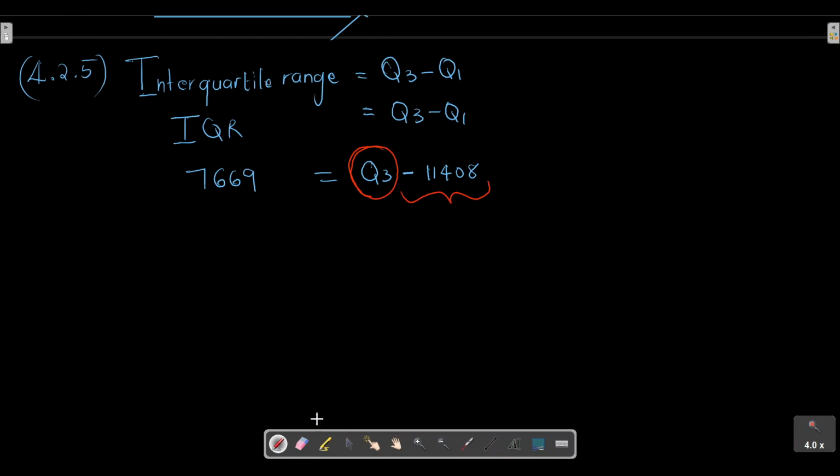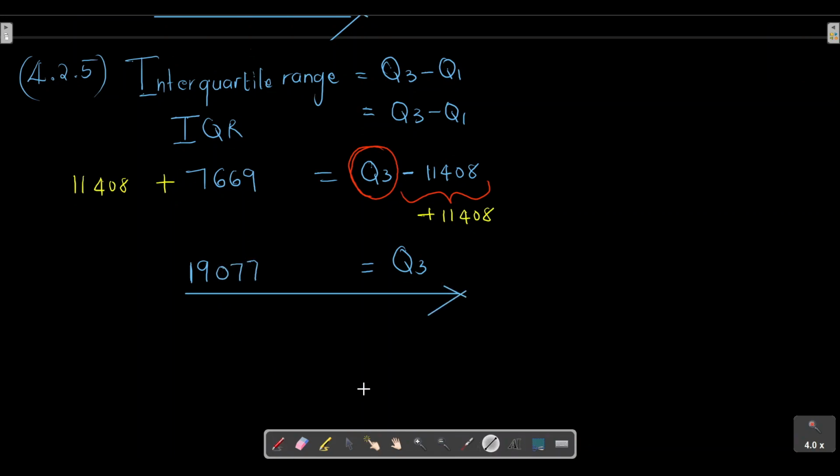We are going to add. We are going to plus 11,408. If you plus on the right-hand side, you also need to plus on the left-hand side. Therefore, our Q3 is equal to 19,077.